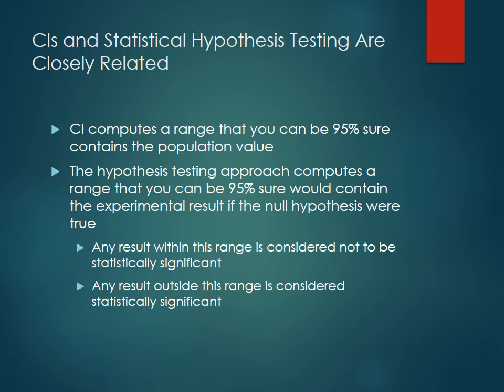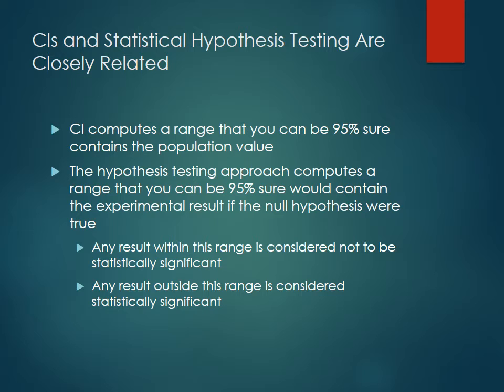And so by using that 95% confidence interval, we can determine whether or not we can reject the null hypothesis if that range includes or does not include that population mean. So if your 95% confidence interval of your sample does not include the population mean value, then you can reject the null hypothesis, right? If it does include it, and I'll show you some graphs that kind of illustrate this in a little bit.